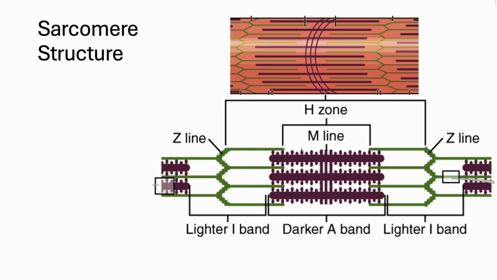Meanwhile, the I band has a midline interruption. This is going to be a darker line in the lighter region that's known as the Z disc or the Z line. So the sarcomere is going to go from one Z line to the next Z line, and that is considered the functional unit of a skeletal muscle fiber.